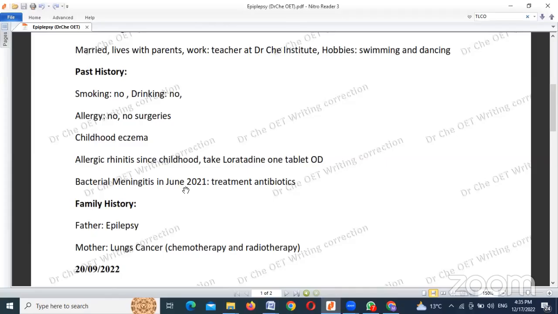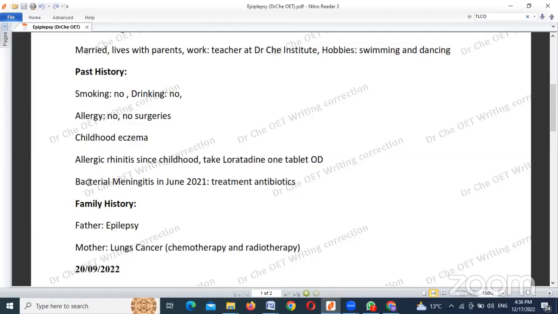Bacterial meningitis in June 2021, treated with antibiotics. What about this? What about bacterial meningitis? She's taking medicine, but according to the situation we can skip.